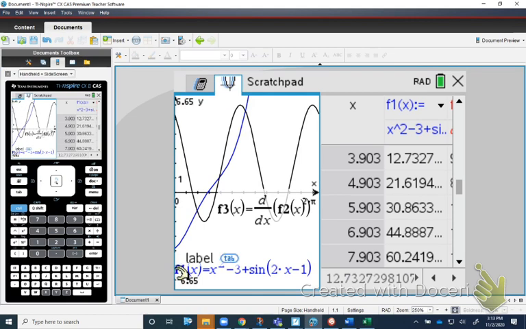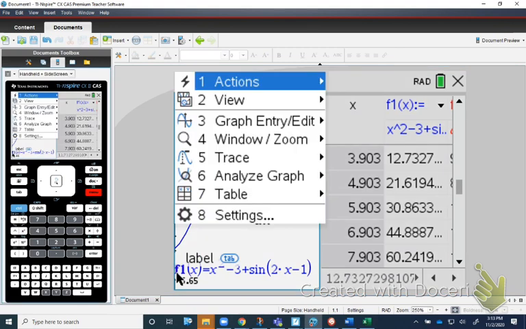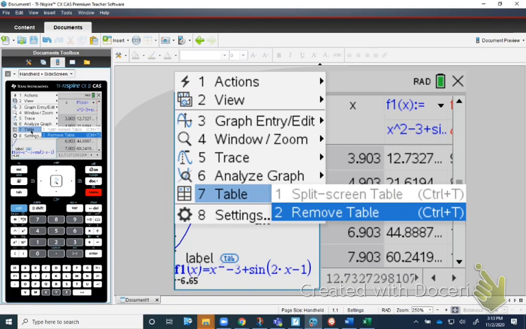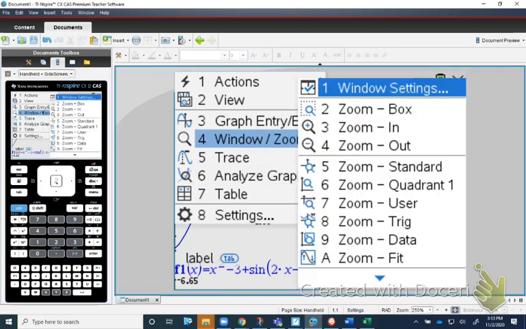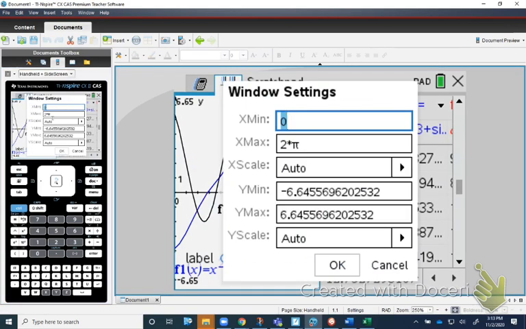So let's change our window settings here a little bit. Window, so the y value, let's raise the maximum to about, I don't know, 25.